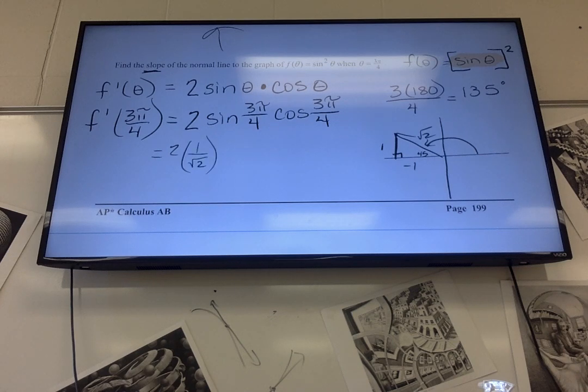And in calculus, it's fine to have square root on the bottom. Cosine is adjacent over hypotenuse, so it's negative 1 over square root of 2. Multiplying that out, I get negative 2 over 2, which is negative 1.